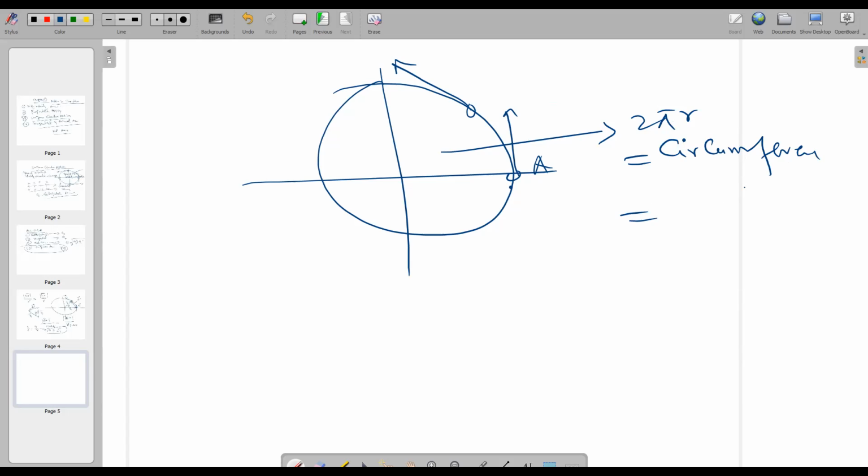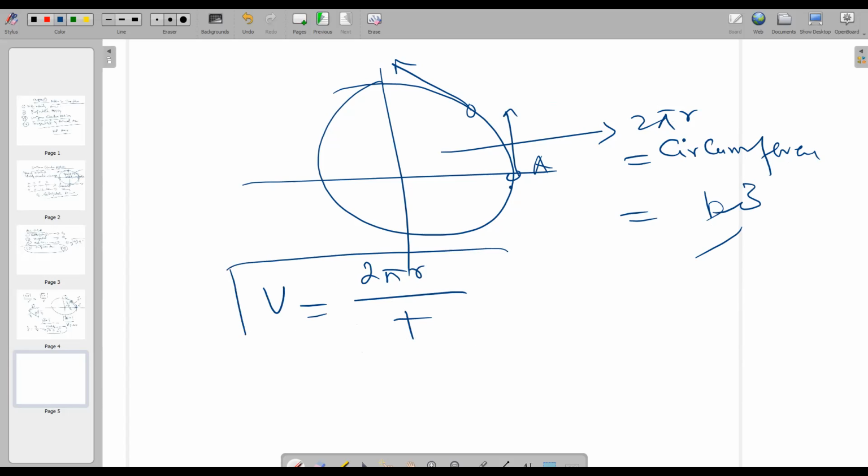Circumference in Arabic is called mohit. So if you want to find the speed, it is distance over time. 2 pi r is the distance and the time is t. So you can also use this formula to solve the problems, but it depends on what kind of data is given.